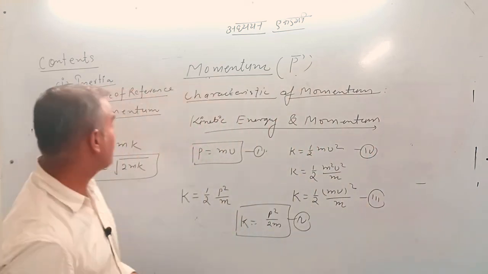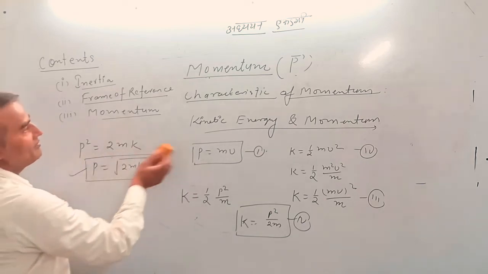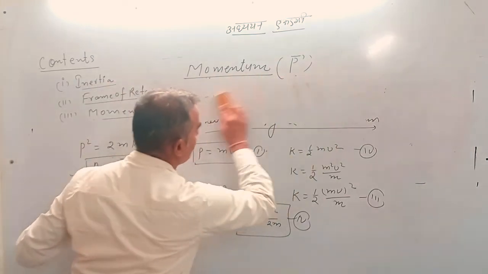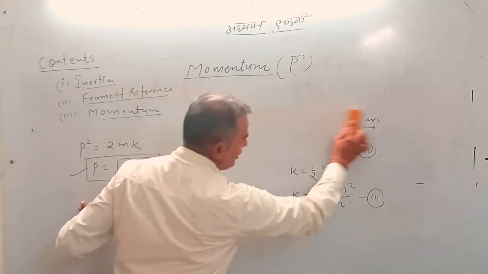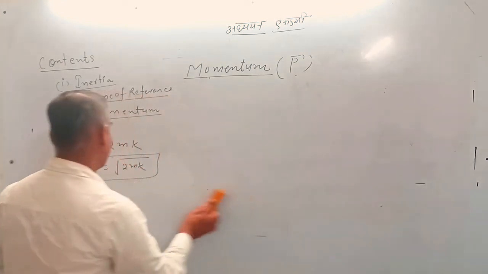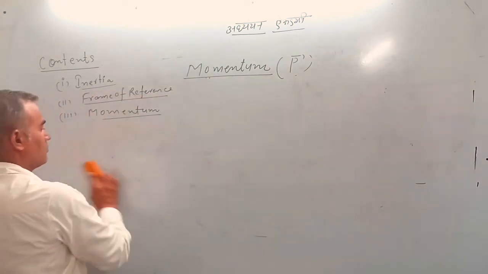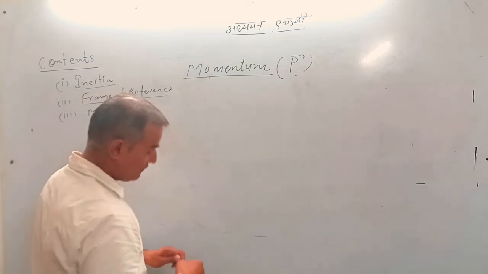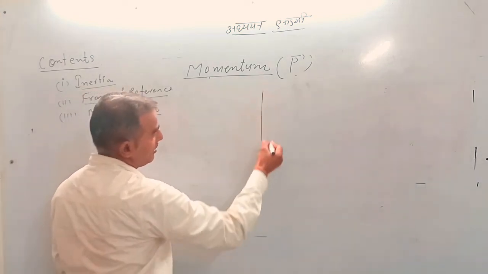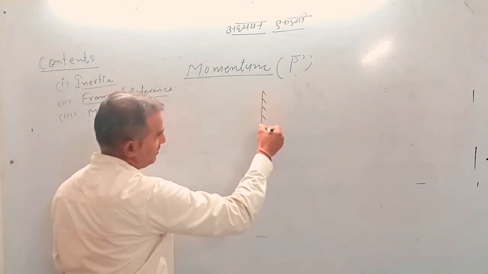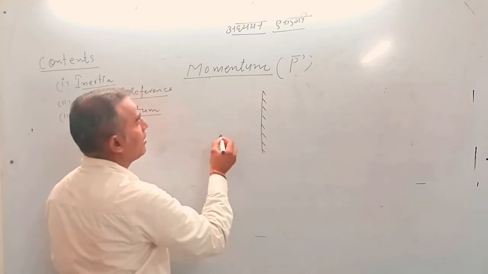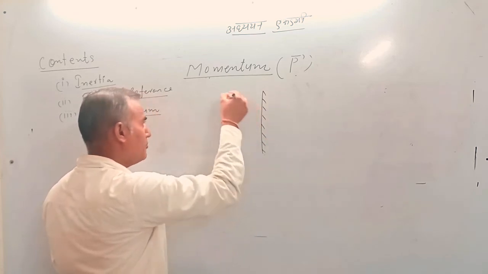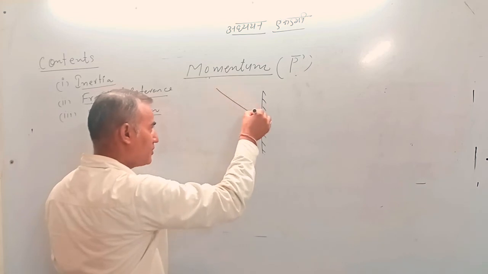Another very important thing related to momentum: suppose this is the wall, and a ball undergoes an elastic collision.